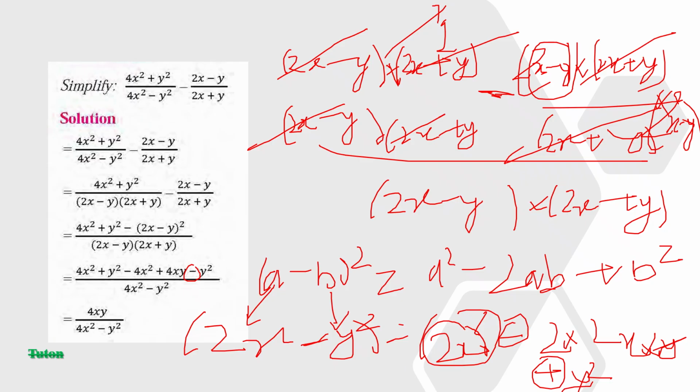And 2 multiplied by 2 into xy would be 4xy, and here we have this equation.